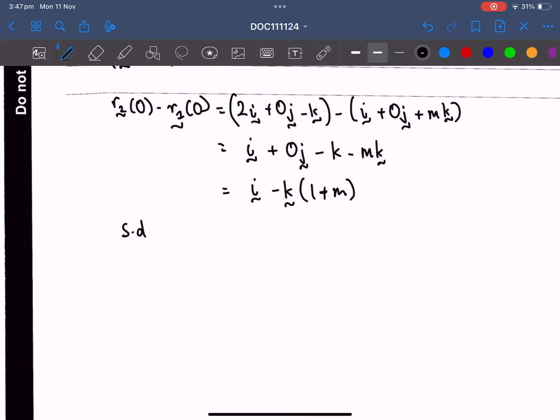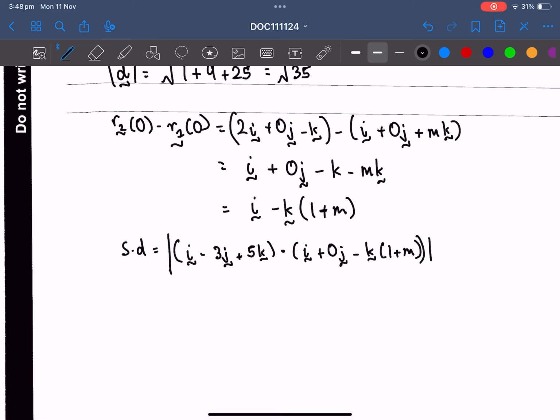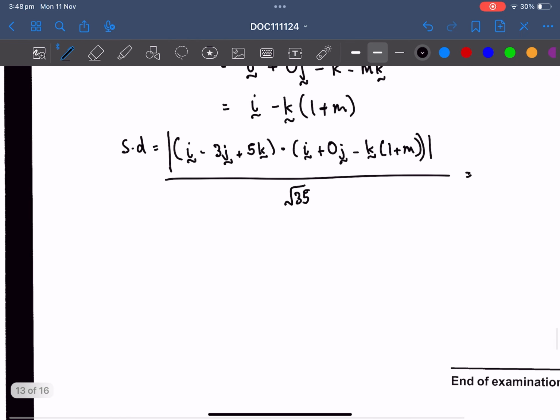So our shortest distance is equal to the mod of i minus 3j plus 5k dot product i plus 0j minus k, 1 plus m, divided by square root of 35, which is the magnitude of the cross product vector, and that has to be 14 on square root of 35.